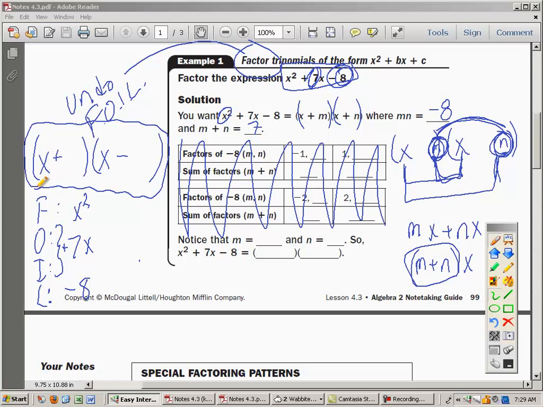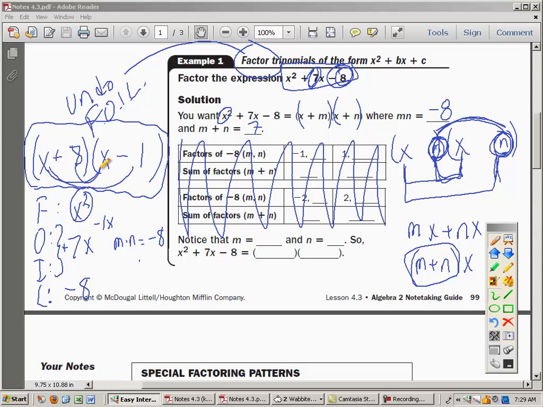So we need two numbers, m times n, that multiply to negative 8, but their sum has to be positive 7. Well, two numbers that multiply to negative 8 and add to positive 7 are 8 and negative 1. Because now when I do x times x, I'm going to get my x squared. When I do x times negative 1, I'm going to get negative 1x.